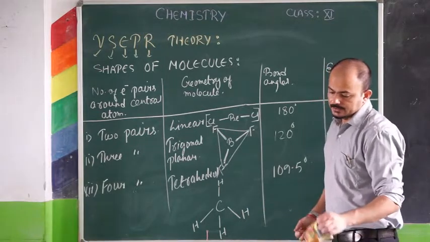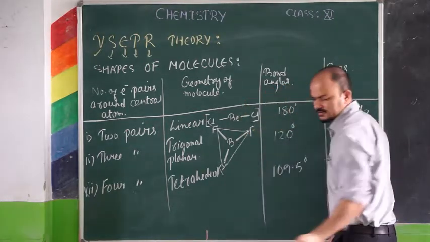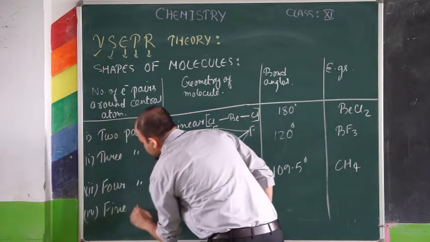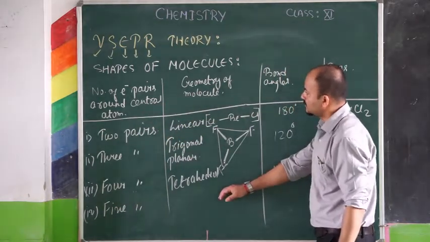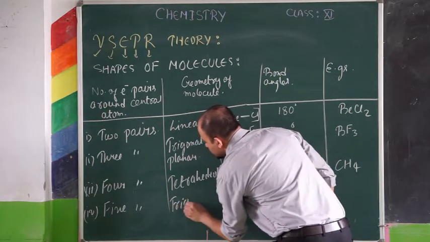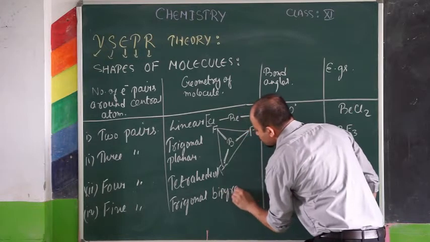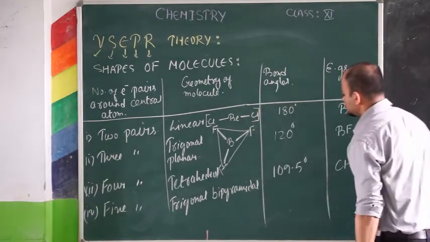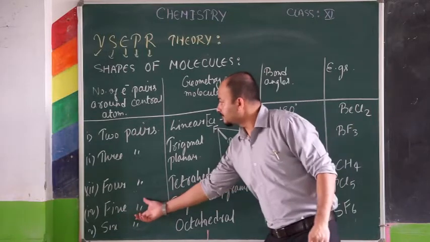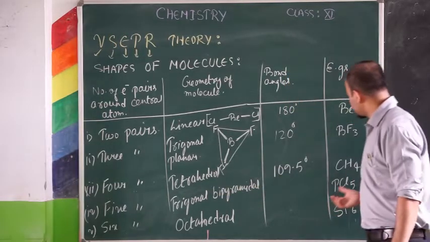If you have five pairs, then its geometry will be trigonal bipyramidal. While writing in your notebook, please draw the structure as well.